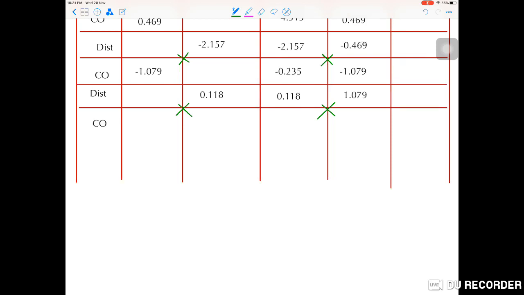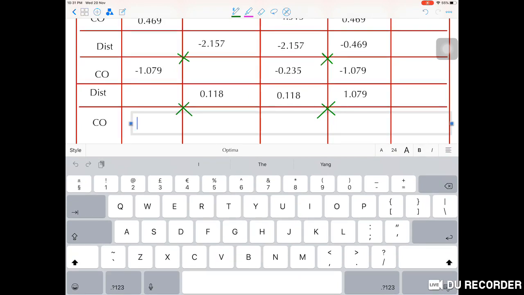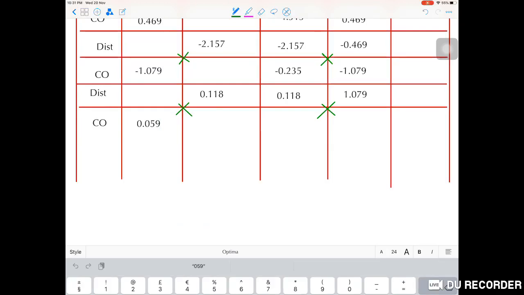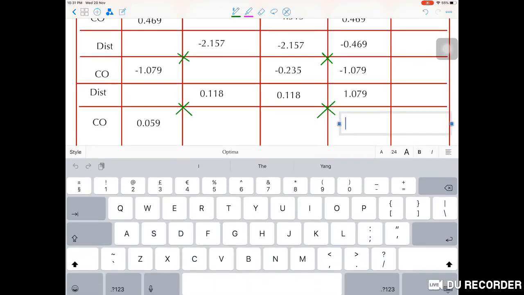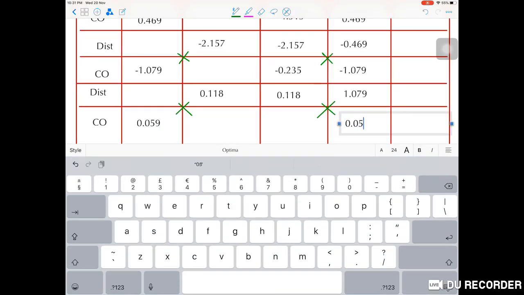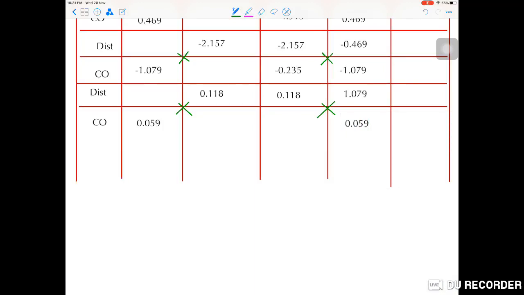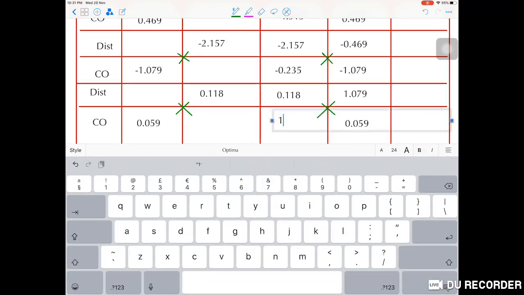It is 0.059. 1.079 divided by 2 is 0.54.